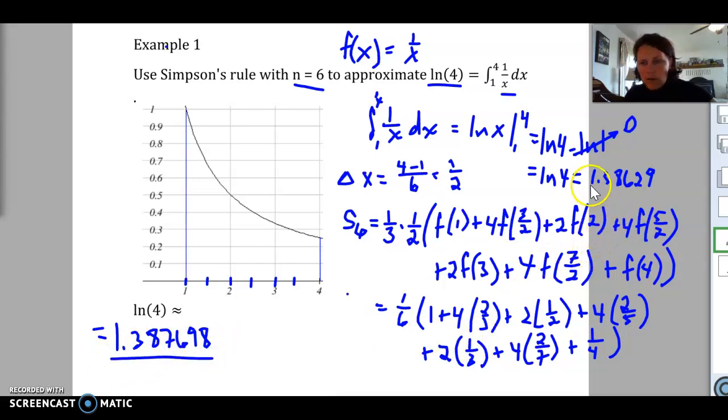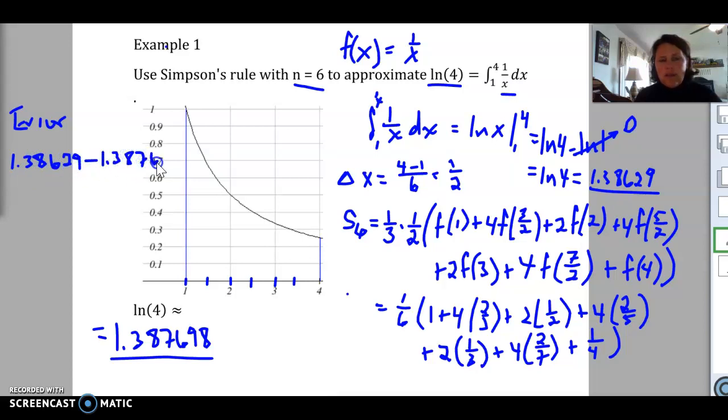Up here, when we found the actual integral, we got this answer of 1.38629. So if we want to find our absolute error, we're going to take the difference in those two numbers. So take the actual answer, 1.38629 minus 1.387698.